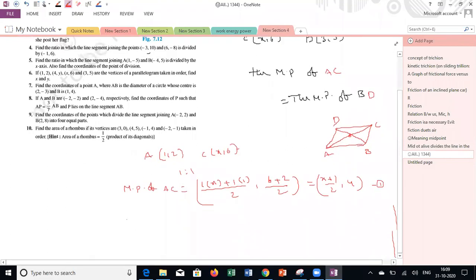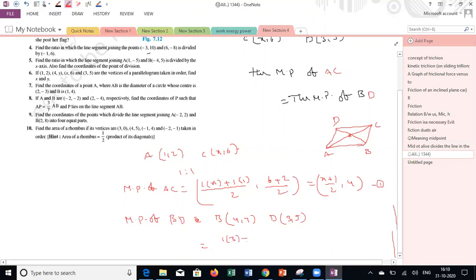The midpoint of BD. What is the B point? B is 4 comma y, D is 3 comma 5, and the ratio is 1:1.